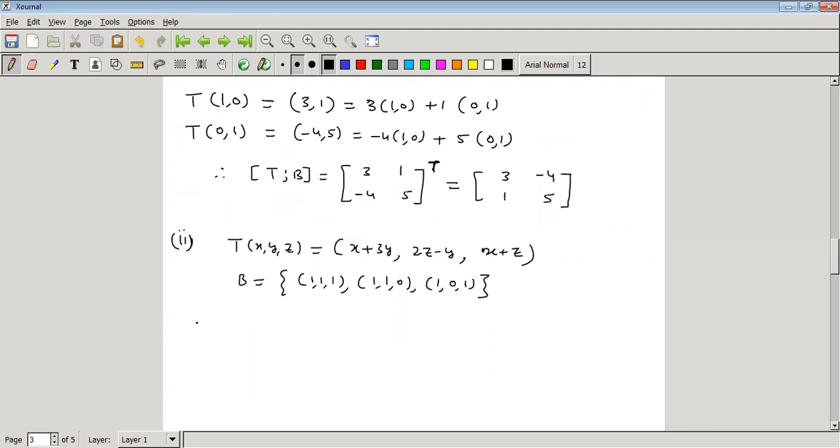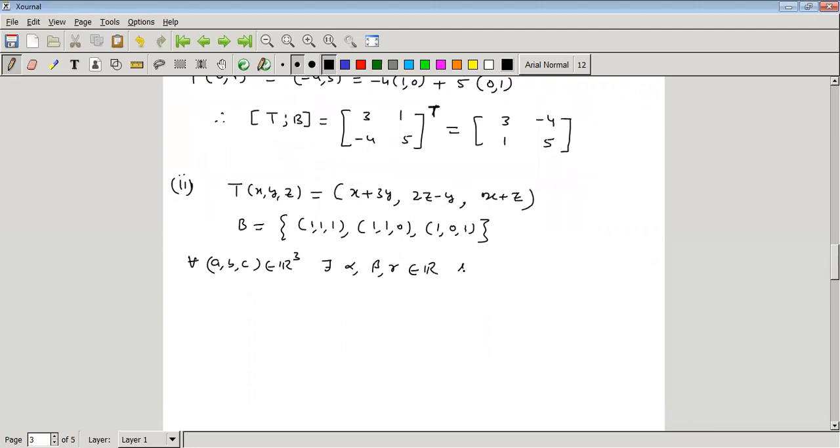So now given any (a, b, c) in R3, there exists alpha, beta, gamma belonging to the field, let it be R, such that any element (a, b, c) can be represented as a linear combination of the elements of the basis: alpha into (1,1,1) plus beta into (1,1,0) plus gamma into (1,0,1).